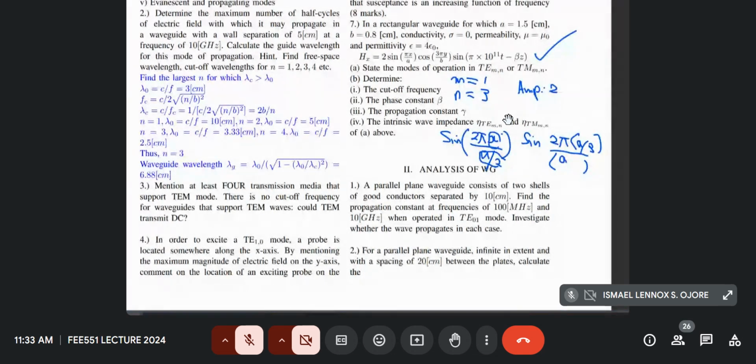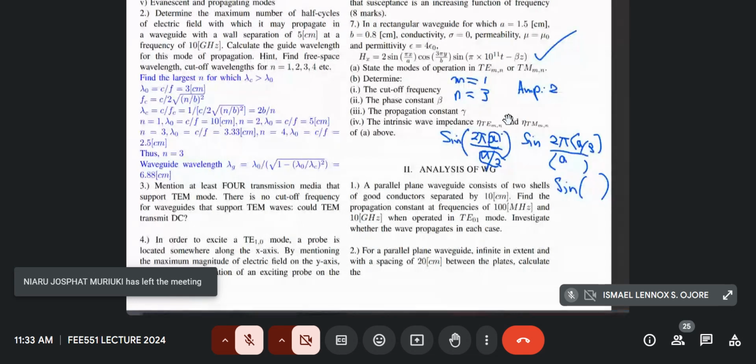So what happens? This will be sine of 2 pi over 3, which is what angle? It's 120 degrees. So it will be sine 60, isn't it?